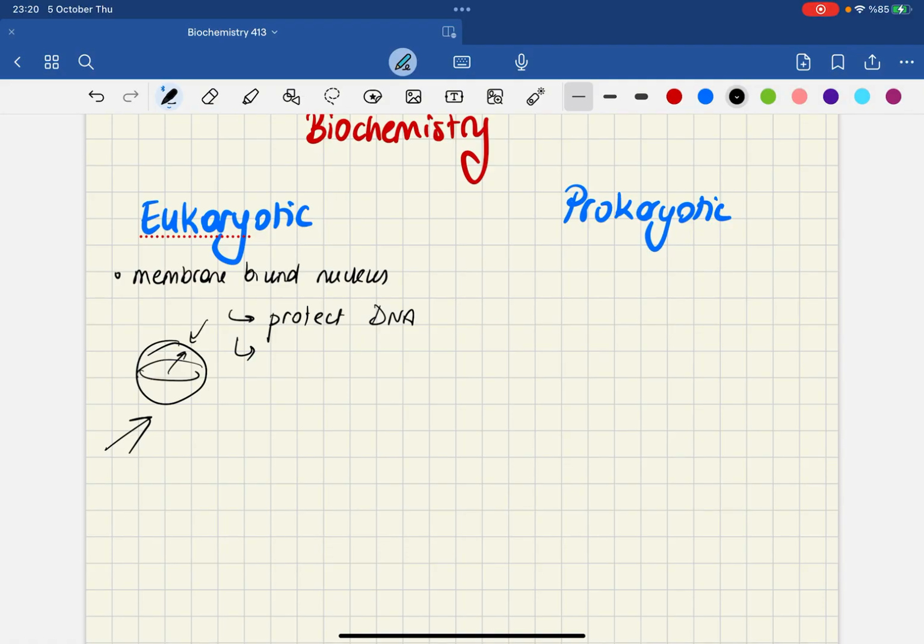So in order to maintain homeostasis, we need a selective membrane that keeps some of the stuff out and takes some important materials inside. All right, let me delete this and continue. Here we write selective import and export.